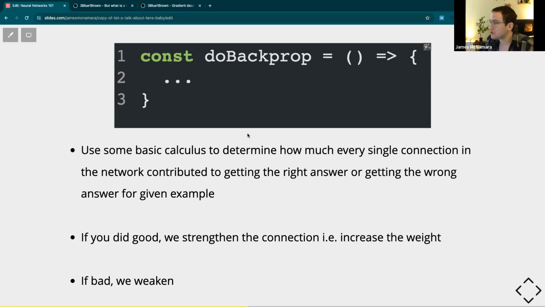And we have a cost function which tells us how wrong the answer was. We can use the cost function to calculate exactly how much every single weight in the network contributed to the error in the cost by doing a partial derivative.